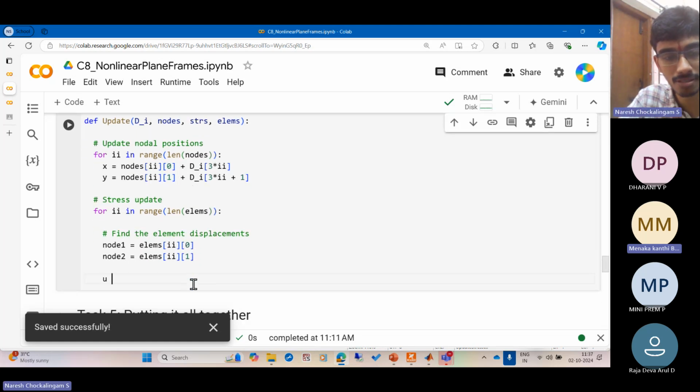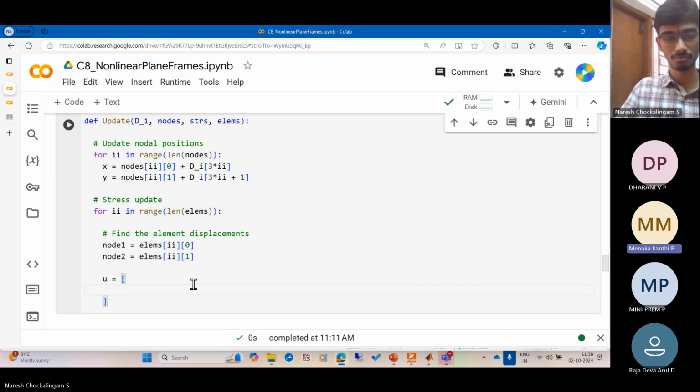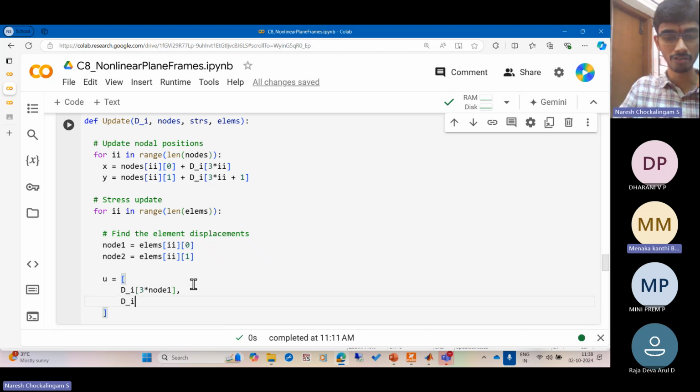Then what are the element displacements? So u is, again we are doing the local to global mapping, right? So you will have 6 components. The first one will be di of 3 star node 1. Then di of 3 star node 1 plus 1.